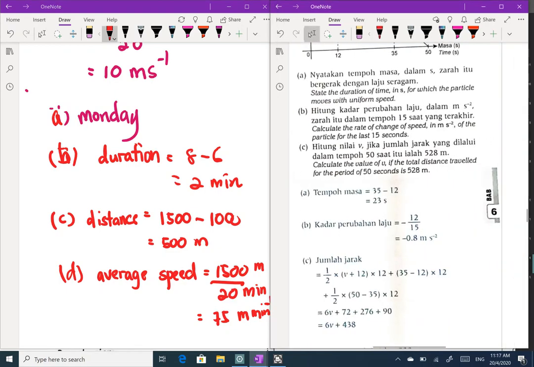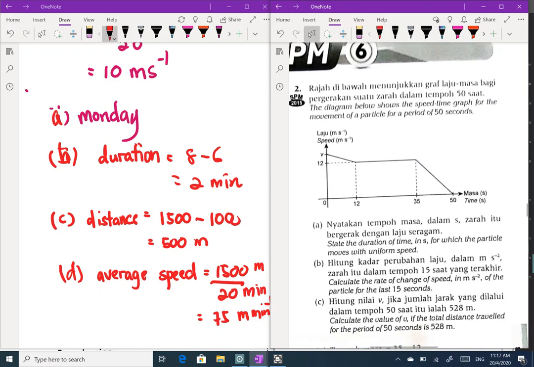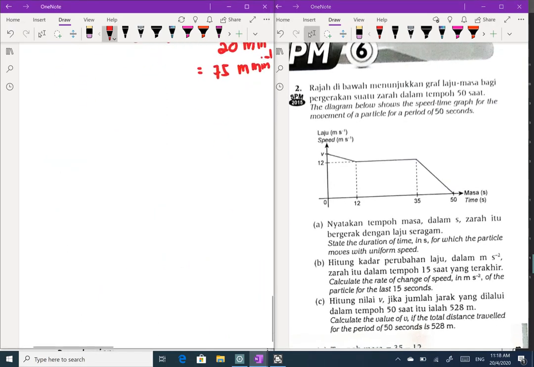Okay, question 2. The diagram below shows the speed time graph for the movement of a particle for a period of 50 seconds.